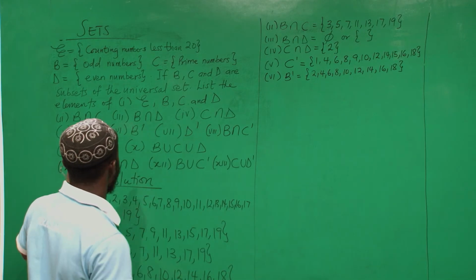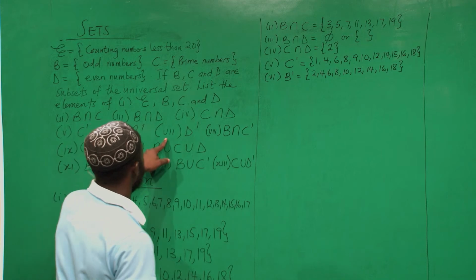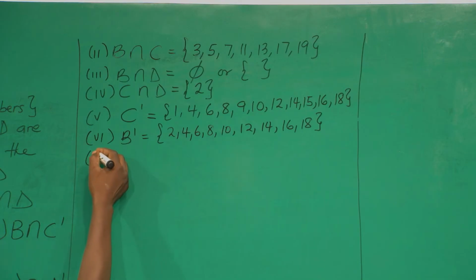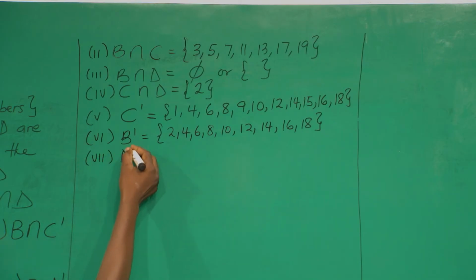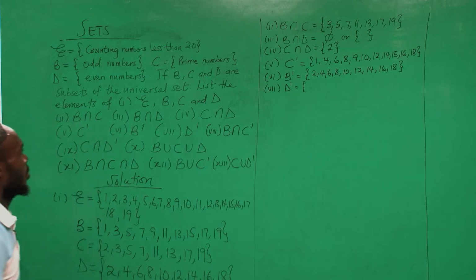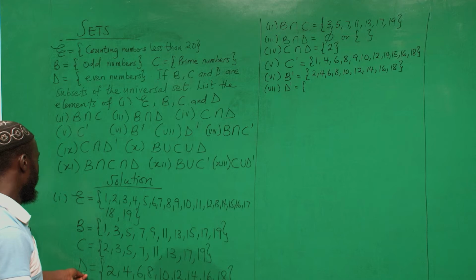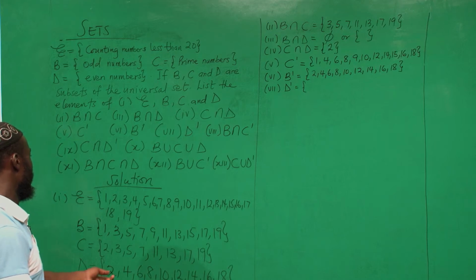Then VII, D complement. Okay, compare D to the universal set. This is our D. Let's compare to the universal set.